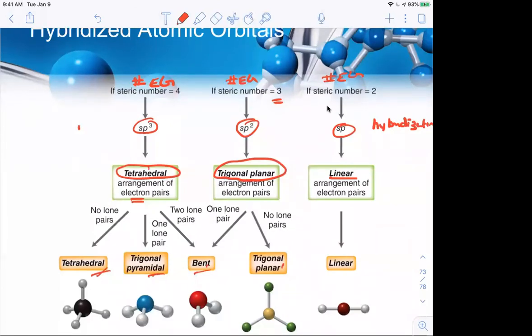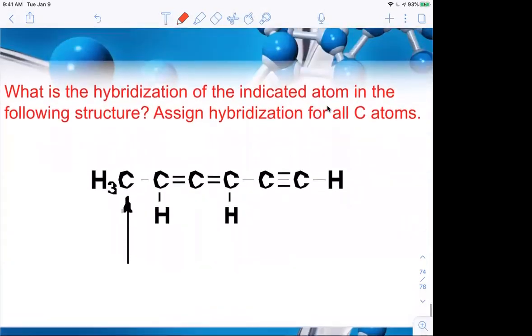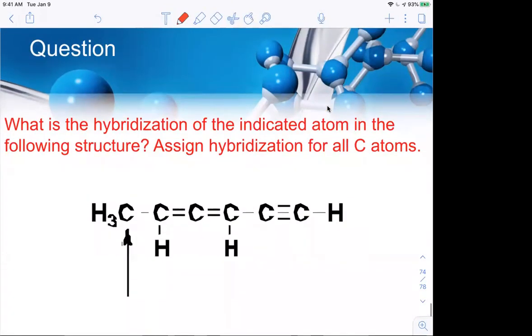So sp3 is a carbon with 4 single bonds. sp2 is a carbon with 2 single bonds and a double bond. sp is going to have 2 double bonds, or a triple bond and a single bond. And that's the most important part of this entire hybridization scheme. So here's a question that you might talk about.